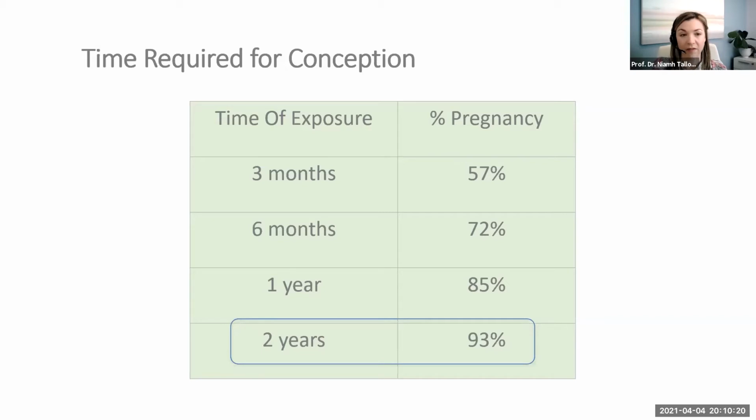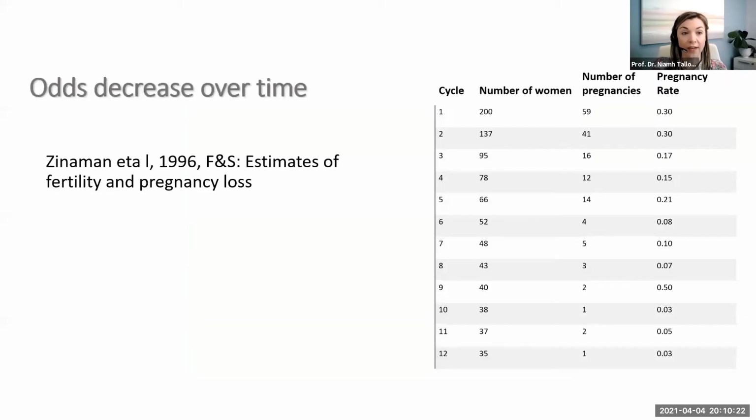Really, it's quite meaningful that they often have a low fecundity, or a low likelihood of pregnancy in a given month. And we look at studies like this from Zinnemann et al. There's other studies that have looked at bigger populations, but they all show the same thing, which is the population as a whole is very heterogeneous in terms of our capabilities to reproduce or conceive.